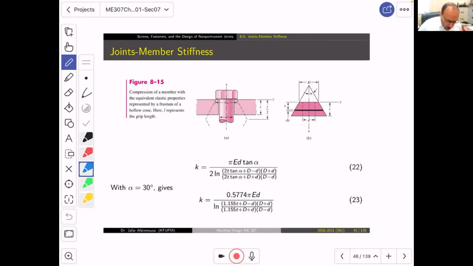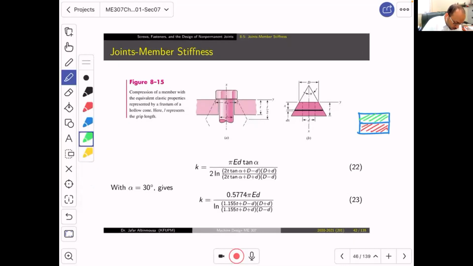First of all, what you need to understand is this: if you put a joint with two blades, let's say one of them is red and one of them is green, and then you bring the bolt in here. The bolt is black, it has a head, and let's say there is a washer.